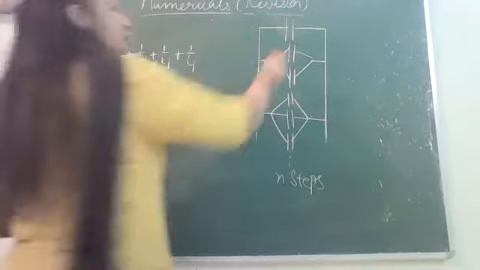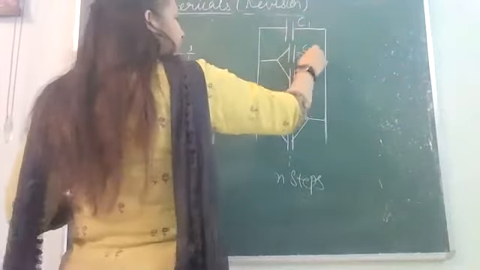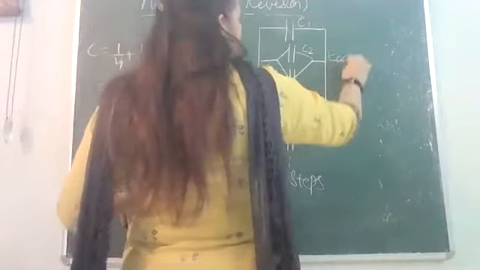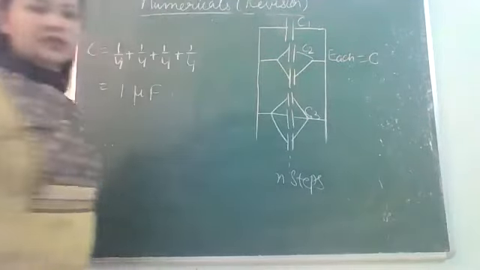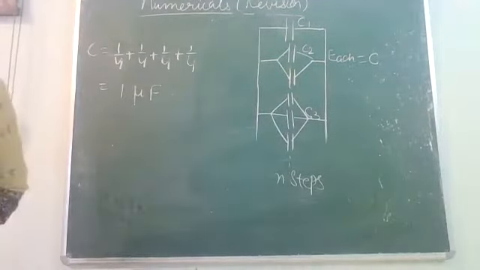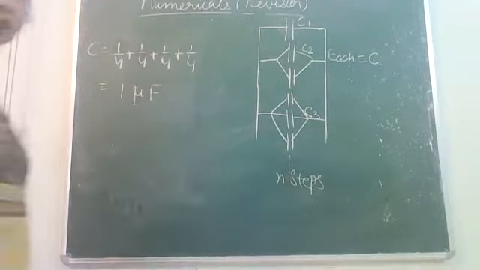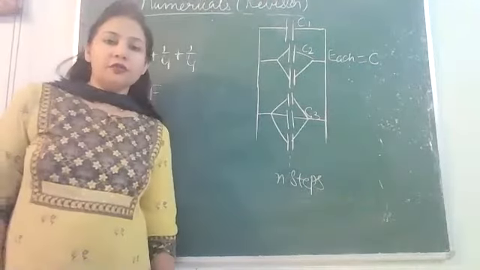Each capacitor is C. Each capacitor individually is having capacitance C. What is the equivalent capacitance of this combination? Any idea how to solve?